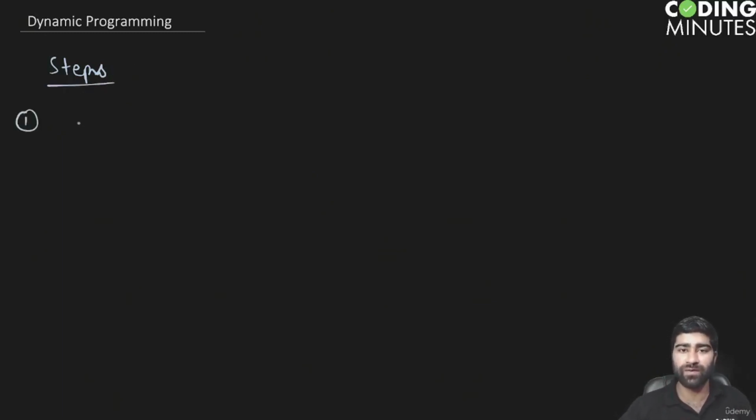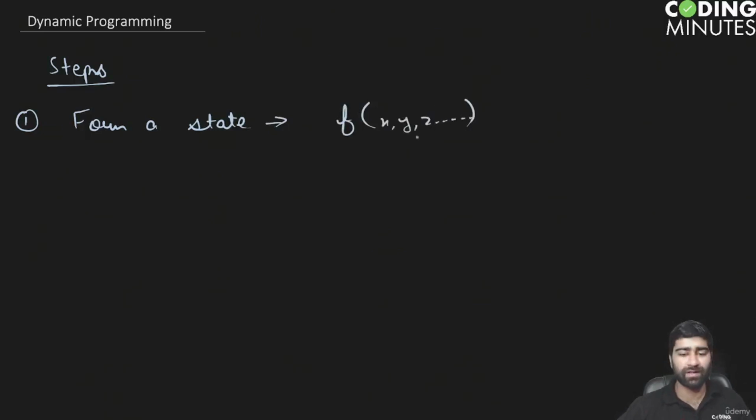So the first step is that we'll form a state. Forming a state is the most important part in any dynamic programming problem. You should have a state. What's a state? We'll generally define it as f of some variables, x comma y comma z and so on. It can be many.